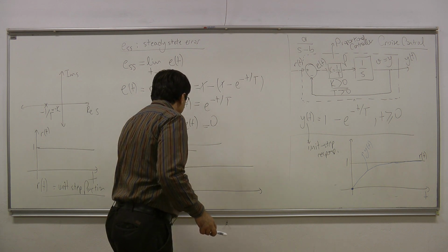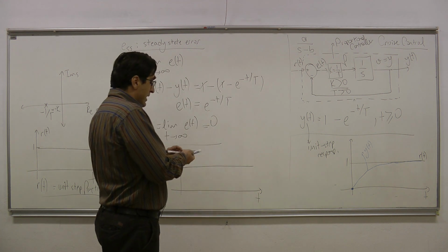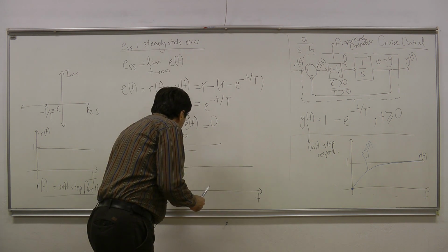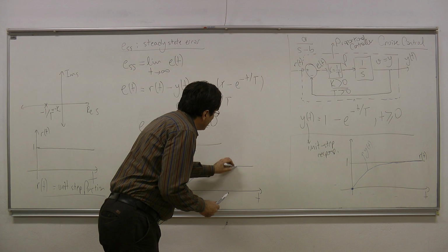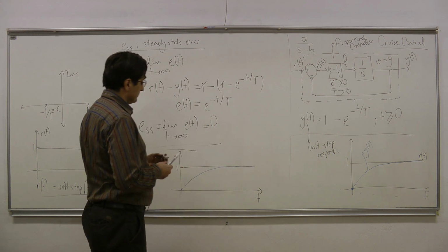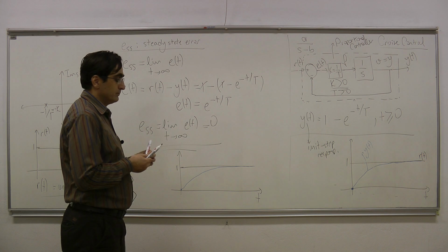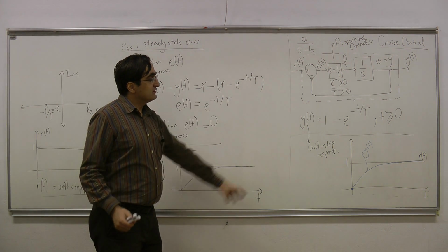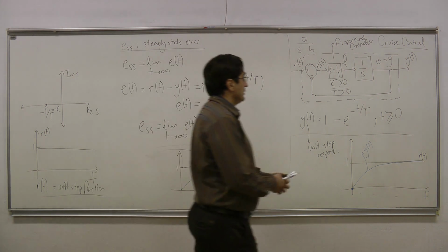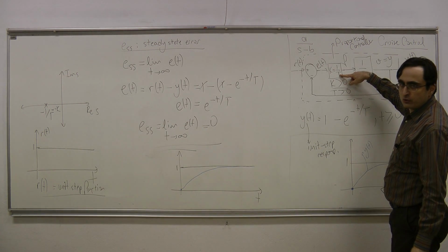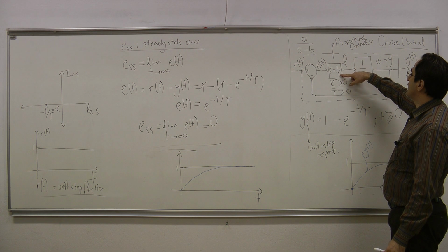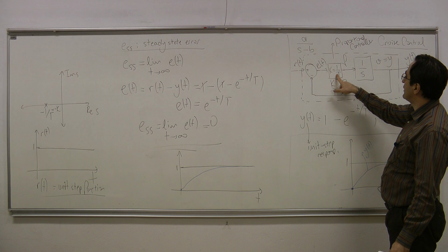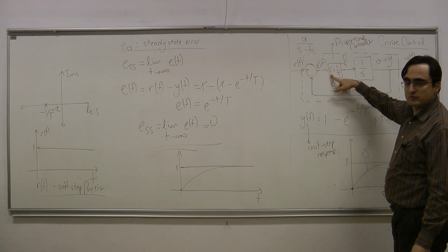So this is my input, and this is my original, let us say, response here for some candidate T value. But what is going to happen if T becomes larger? Suppose that I change this controller parameter such that T becomes larger and K becomes smaller. If T is larger, then K becomes smaller.